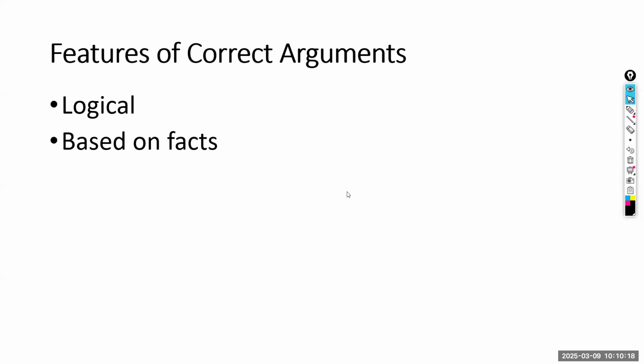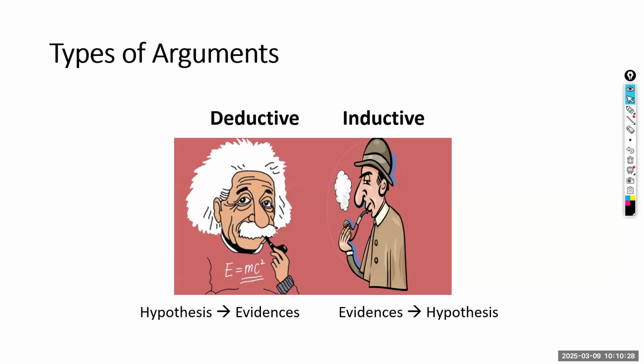Therefore, good arguments must be logical and based on facts. There are two types of arguments: deductive arguments and inductive arguments. Deductive arguments mean from a hypothesis, you look for the evidence.